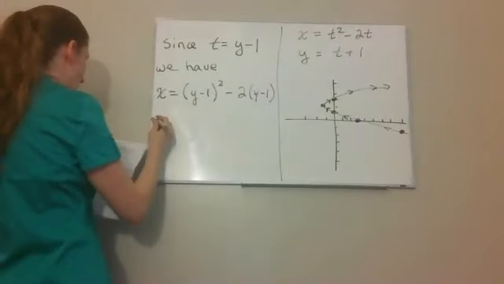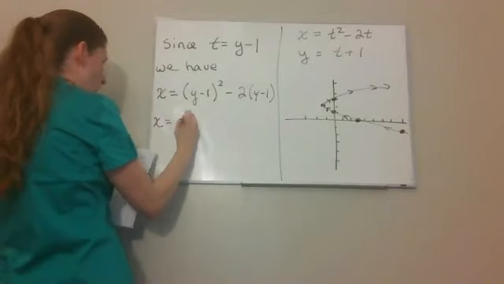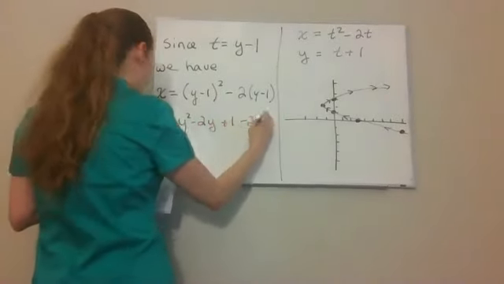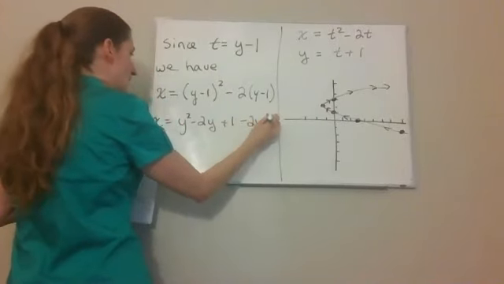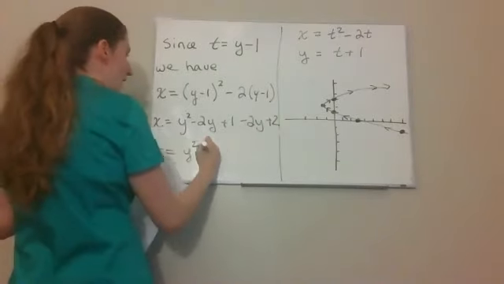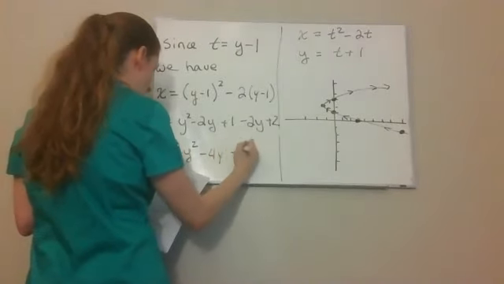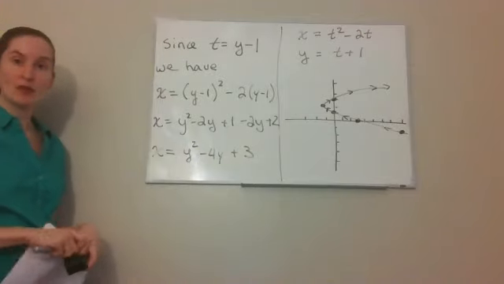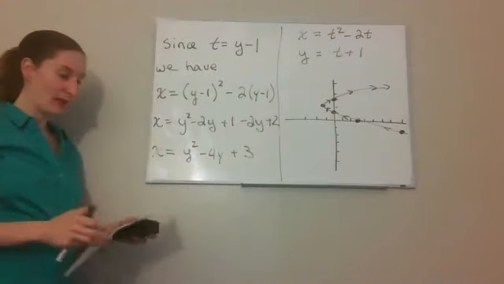And if I multiply this all out, I get y squared minus 2y plus 1 minus 2y plus 2. Combine our like terms and I get x equals y squared minus 4y plus 3, which is a parabola, just like we thought it would be by looking at it written parametrically.